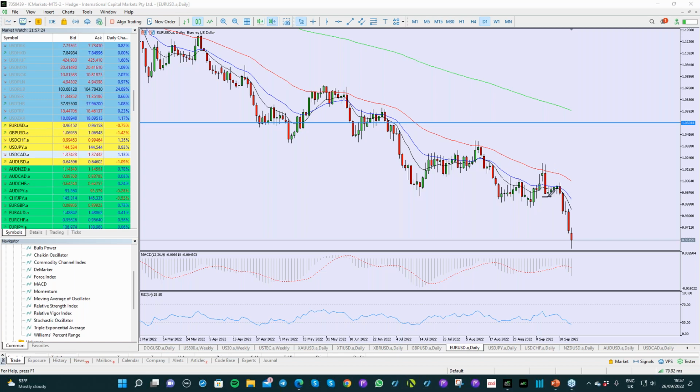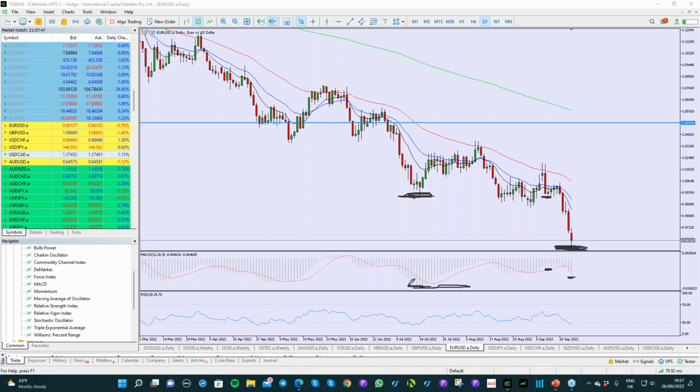So from this is then the low. So the MACD I would take from around this point here, and then it's lower in price action.